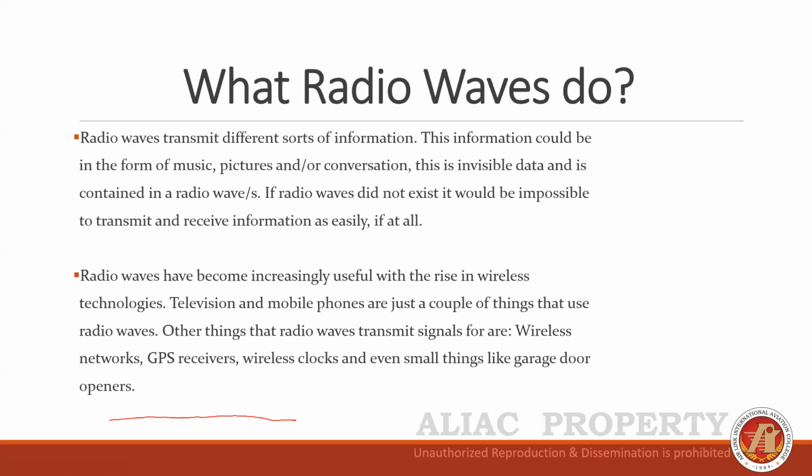So all radio waves became useful and evolved into wireless technologies. Television and mobile phones are just a couple of things that use radio waves. Other things that radio waves transmit signals for are wireless networks, GPS receivers, wireless clocks, and even small things like garage door openers.